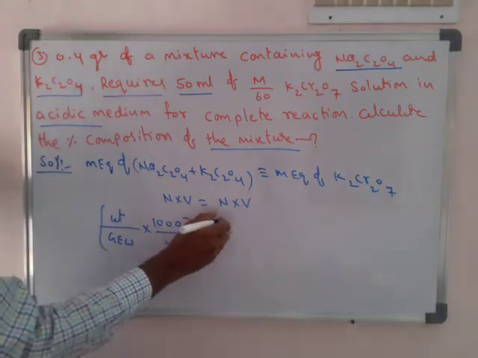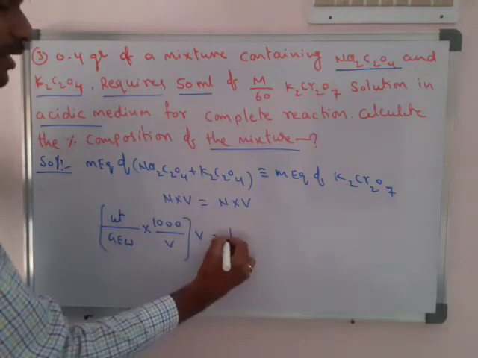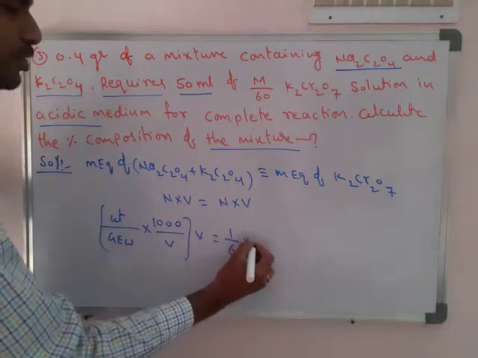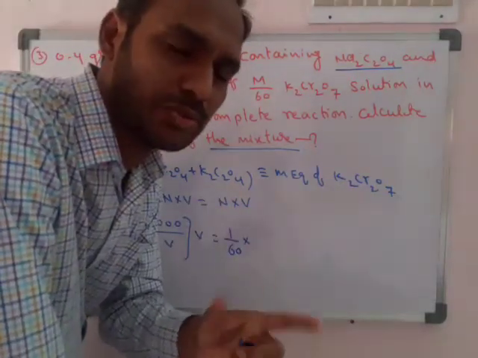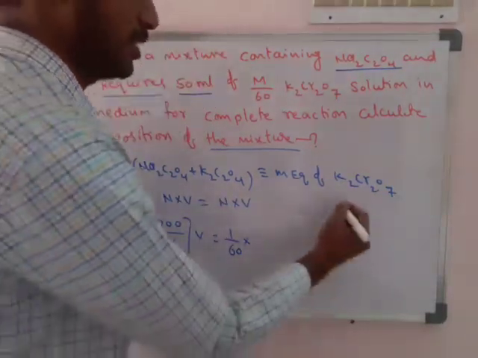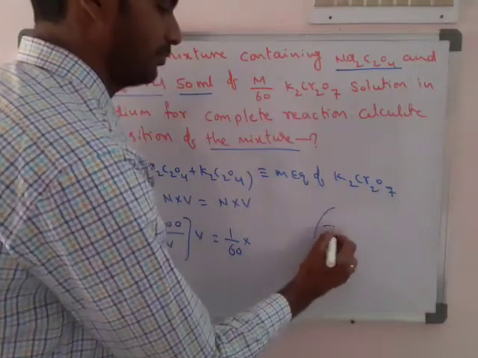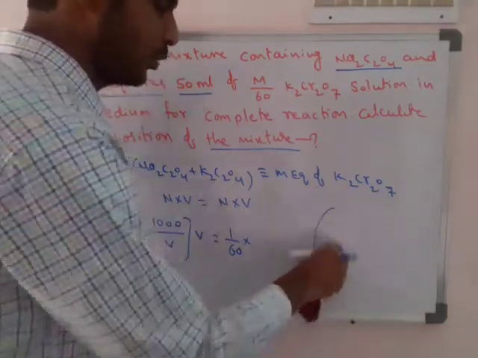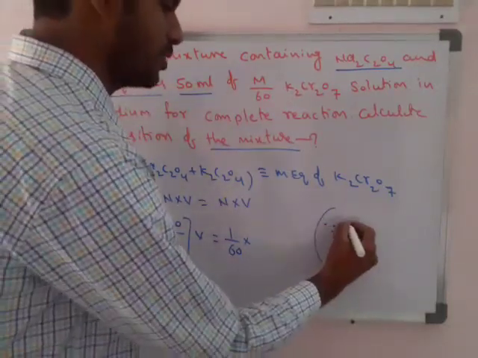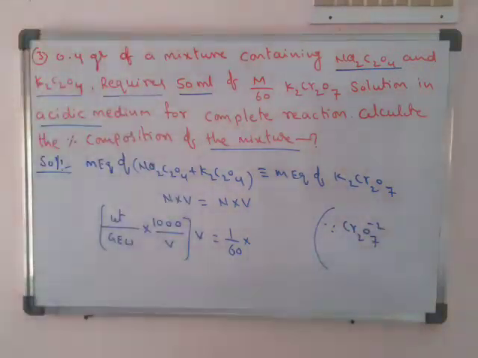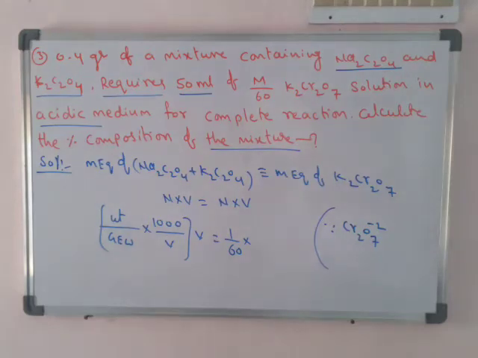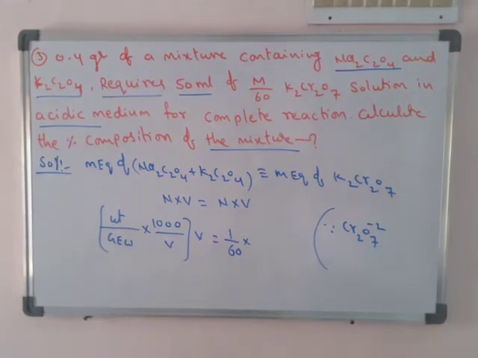Here normality is how much? 1 by 60 molarity. What is the N factor for potassium dichromate? In acidic medium we know that Cr2O7 minus 2 changes to Cr plus 3. So here it is important: how to get the N factor of Cr2O7 minus 2?